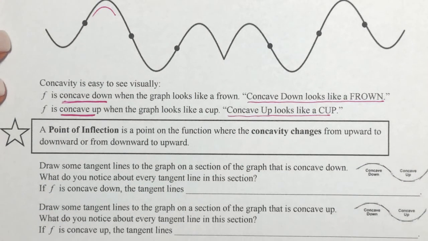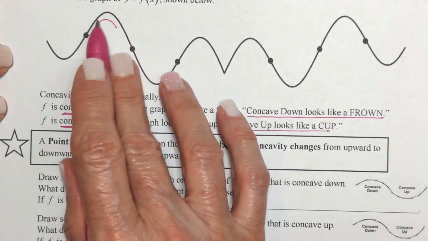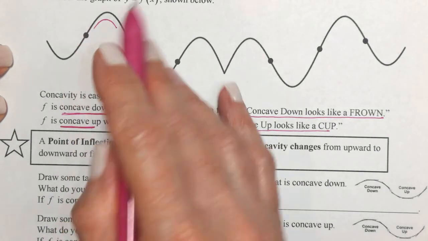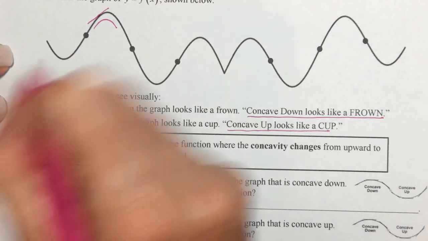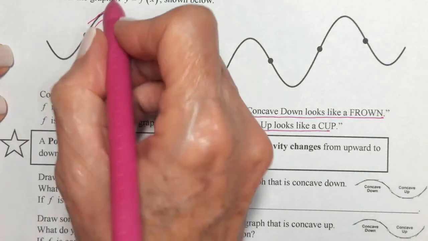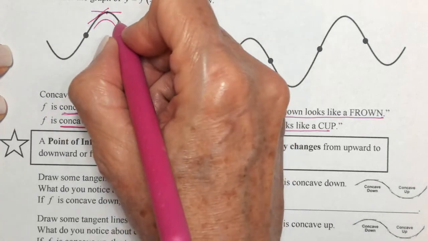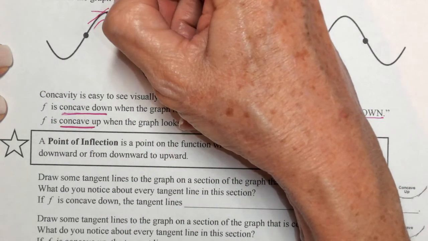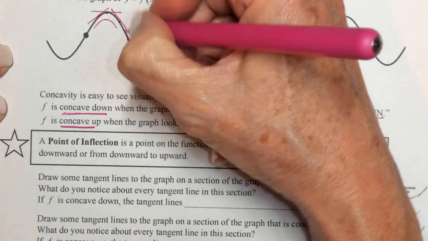Let's draw some tangent lines to this graph on a section of the graph that is concave down. So I guess I'll just pick this little section. We know that that's concave down. Let's draw some tangent lines. So at this point right here, the tangent line would be like there. At this point right here, that little relative max, the tangent line would be there, right? Here it would look like this. Here it would look like this, yeah?